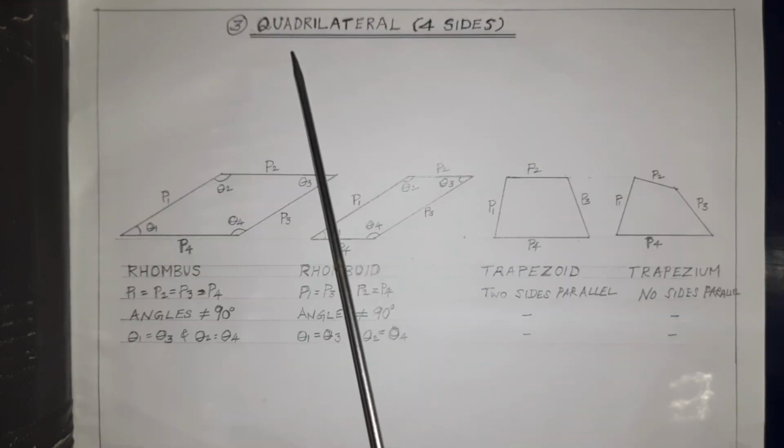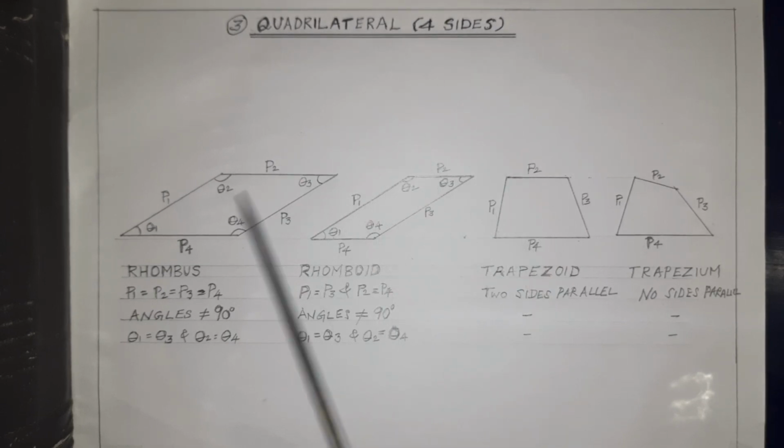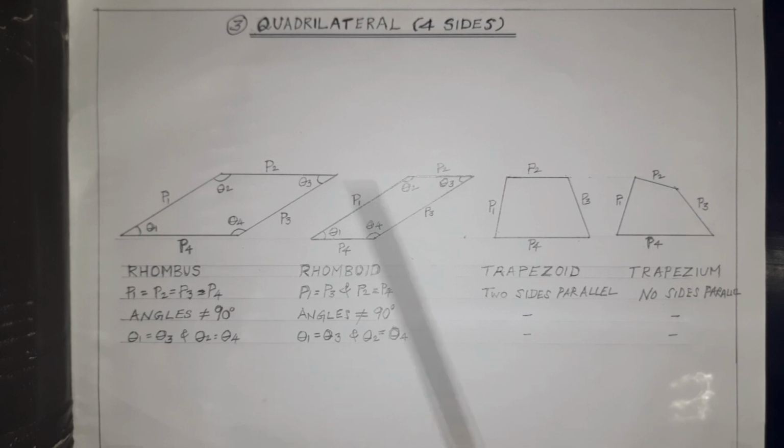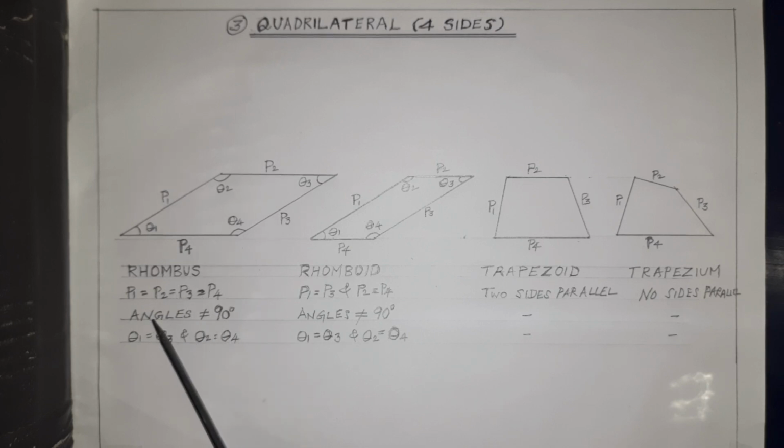Next one is quadrilateral. It is having four sides as shown. It is a common name for all these types. First one is rhombus. Here P1 is equal to P2 is equal to P3 is equal to P4. All the four sides are equal in length. Next condition with respect to angles is not equal to 90 degrees.